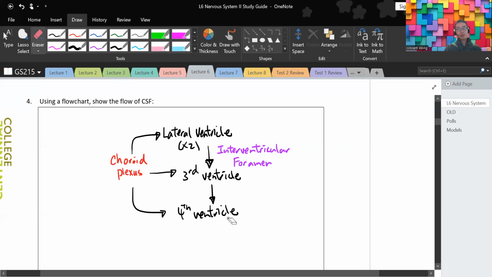From the third to the fourth, there was a duct, a narrow tube that connects them. That is the cerebral aqueduct. So that's basically what we have drawn and labeled on the diagram a moment ago.